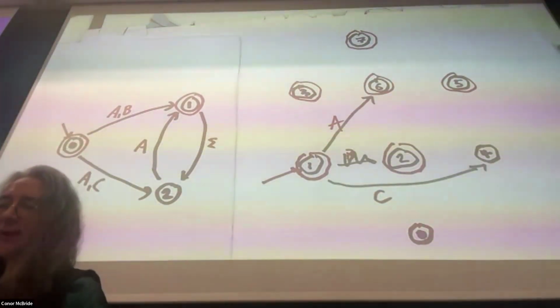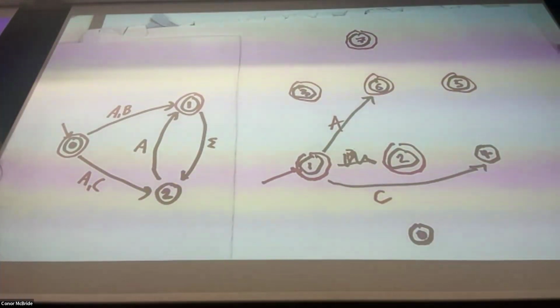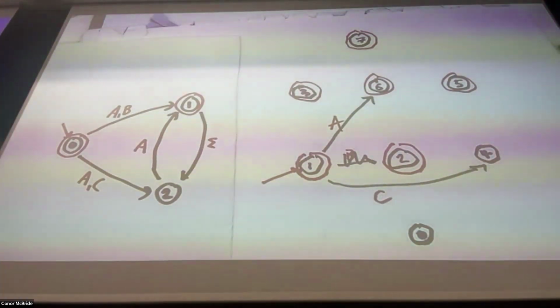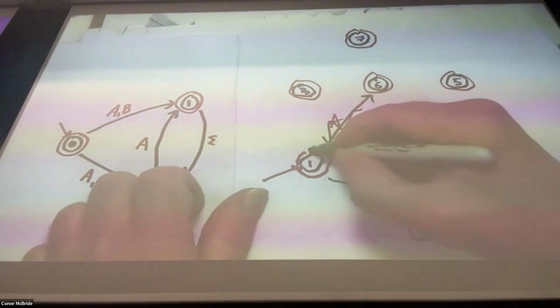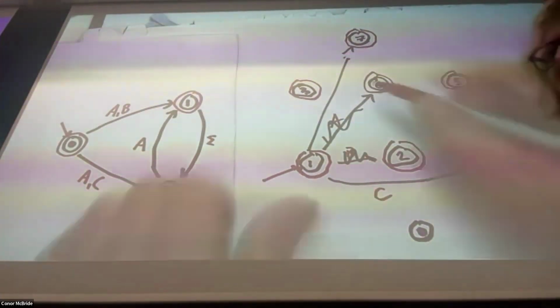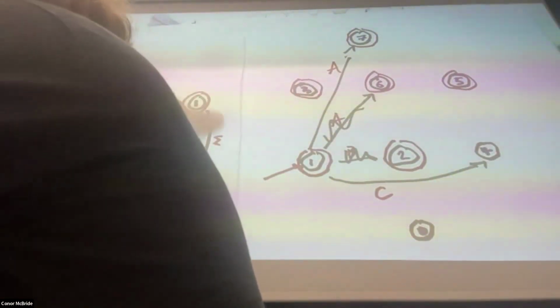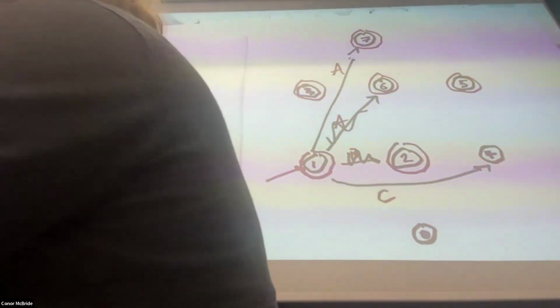If we get an A, we can actually end up anywhere. So this is wrong as well. If we get an A, we're going to state 7. Because we could either go over an A to here, or we can go over an A to here, or we could go over an A and an epsilon. So we can't go back to here.